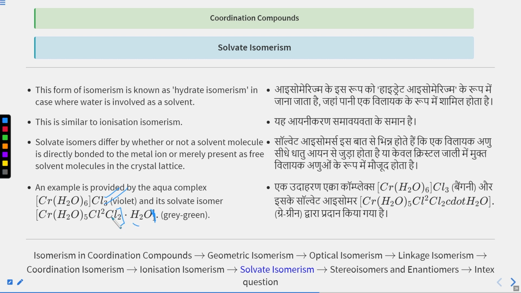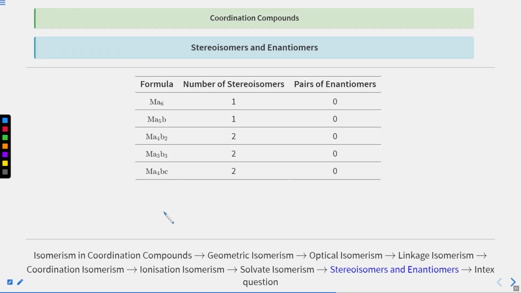Now what happens is this forms a crystal. Okay, so this is forming dot H2O. You must have seen this type of thing, for example baking soda dot 10H2O. That is the form of a crystal. So this can have hydrate, this can show solvate isomerism.